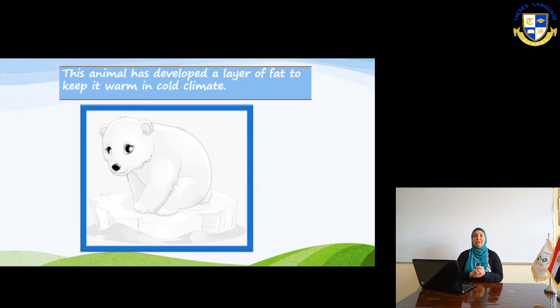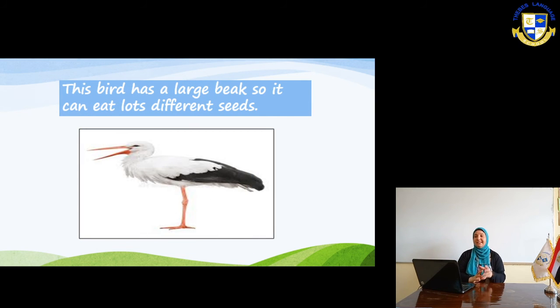Of course, the polar bear is a very famous animal living in the polar area of land, and it has a very thick layer of fat all over its body, so it can keep warm in this cold weather. In the next slide, you will see a bird with a very large and long beak, so it can eat lots of different seeds and also catch fish with it.